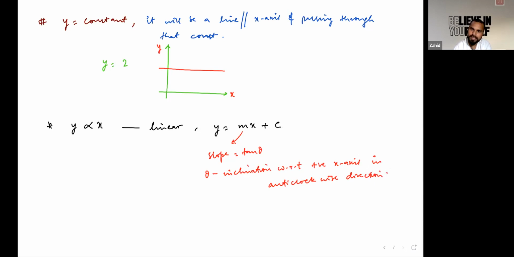And c is termed the cut on the y-axis. Let me give you one example related to this.